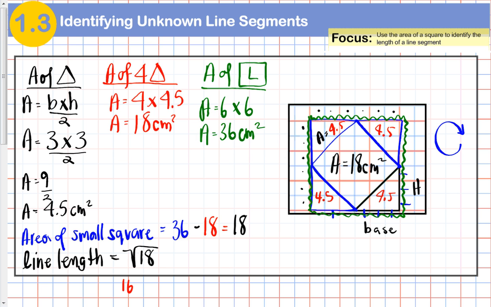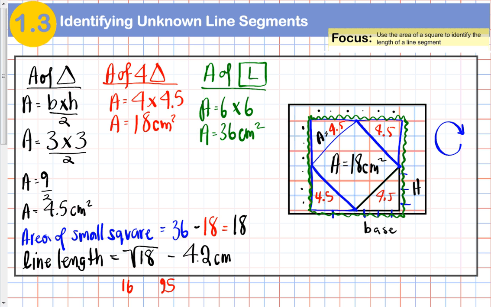Above 18, the next perfect square would be 25. We know that the square root of 16 is 4, and the square root of 25 is 5. So 18 is quite a bit closer to 16 than it is to 25. So we're going to call that square root equal to about 4.2. And again, no squared here, because now we're talking about length.